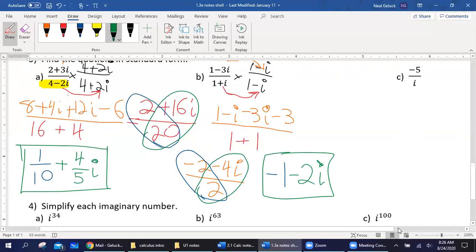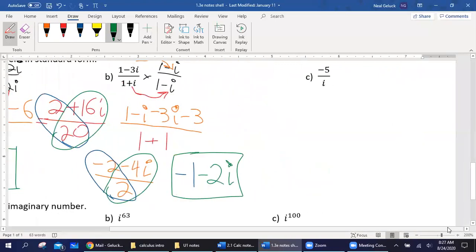Letter C is a little bit tricky looking because it's actually simpler than the other ones. That really is a complex number on the bottom, i, so I can just multiply by the conjugate. Now here's where it gets tricky. The conjugate is actually just negative i.